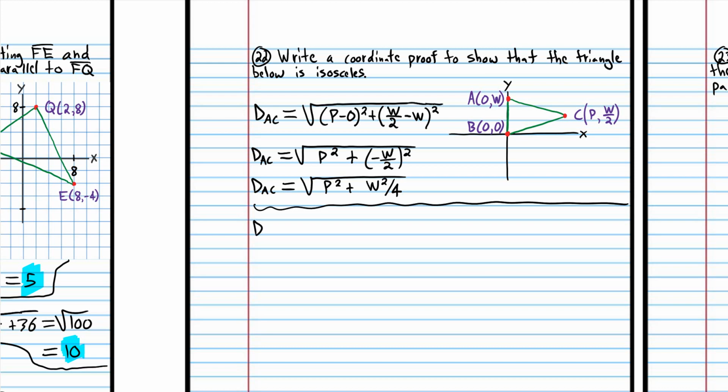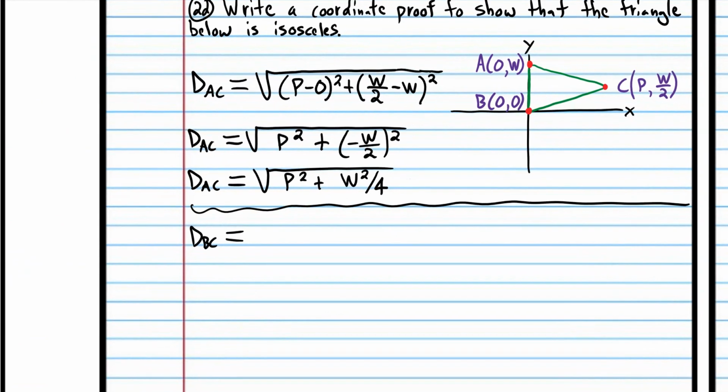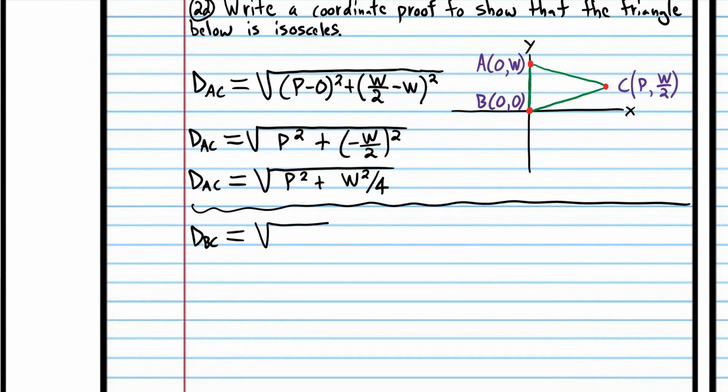So now we're going to find the distance between B and C, letting B be the first point. So we have P minus 0 squared plus W over 2 minus 0 squared.